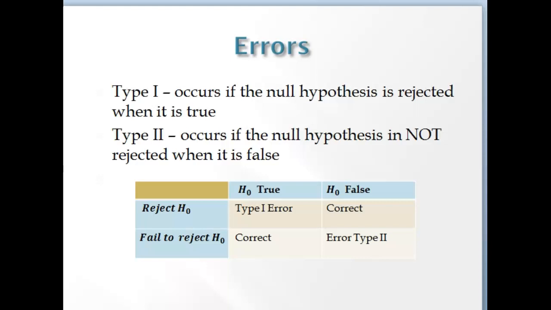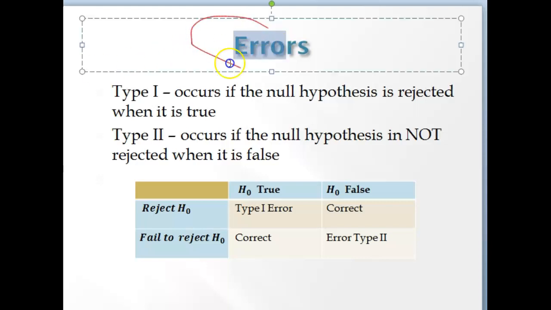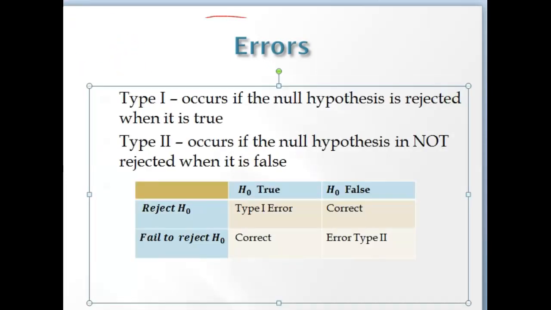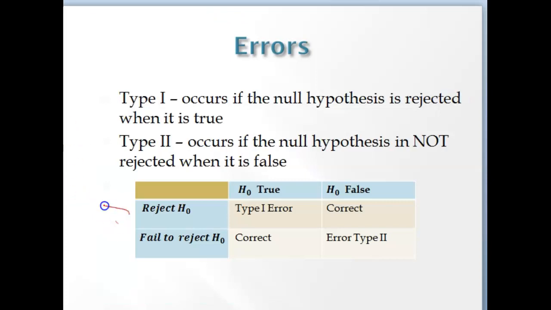So there are two types of errors that we're going to discuss. The type 1 error occurs if the null hypothesis is rejected when it's true. So here are our two conditions. We're either going to reject or fail to reject the null hypothesis.